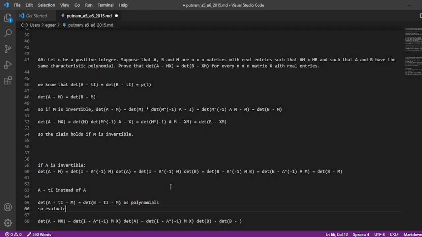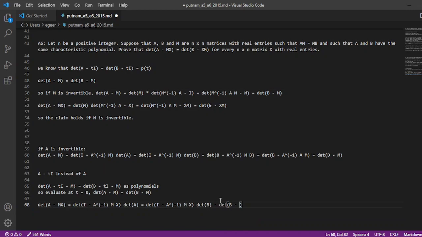So evaluate it. So basically this is just proving a very special case of the claim that we want to prove, which is not super impressive.